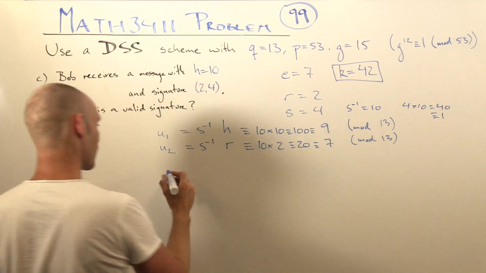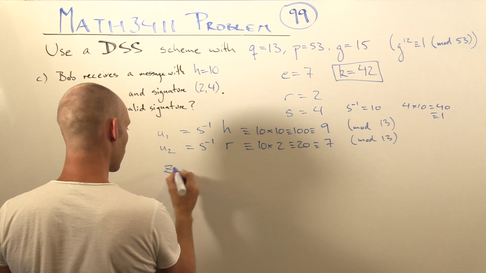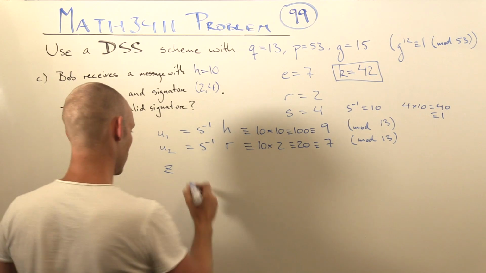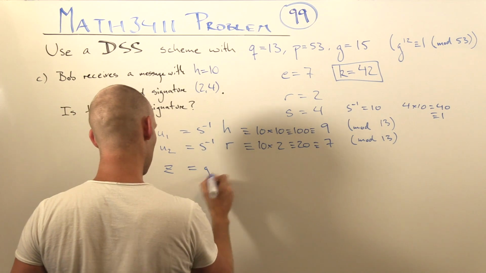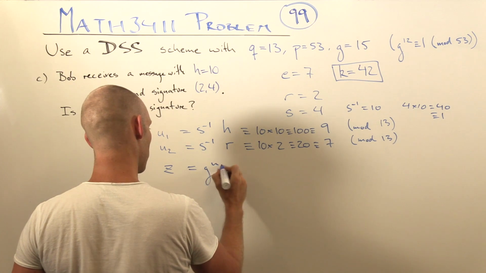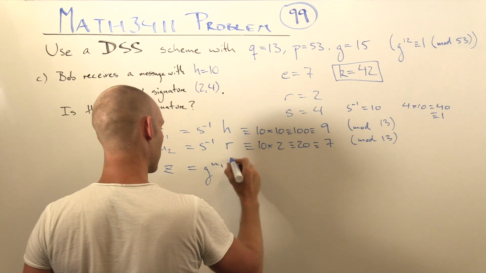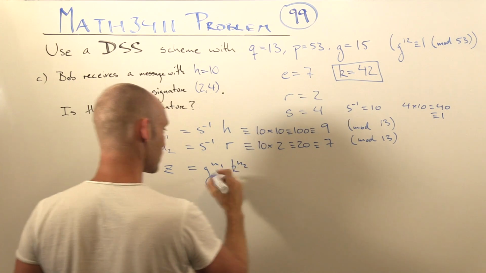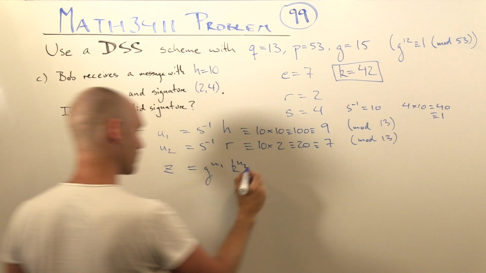Now what do we need them for? Well, now we're going to work out a third value, Z, and that's equal to G raised to the power of U1, times K, the public key making its appearance, to the power of U2.